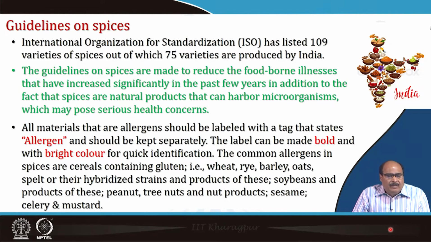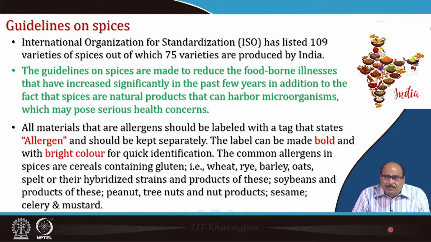Okay. Now, let us briefly discuss the major guidelines on spices as per the International Organization for Standardization. There are 109 varieties of spices listed in ISO, out of which 75 varieties are produced in India.